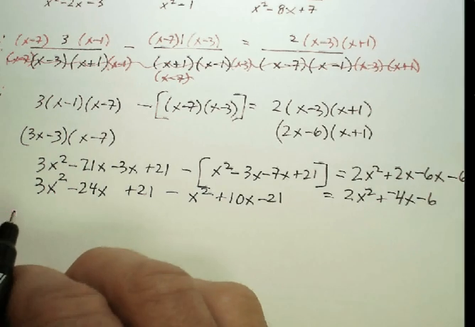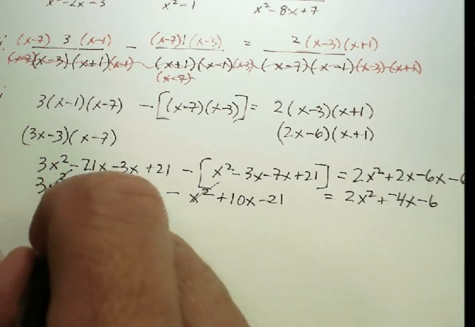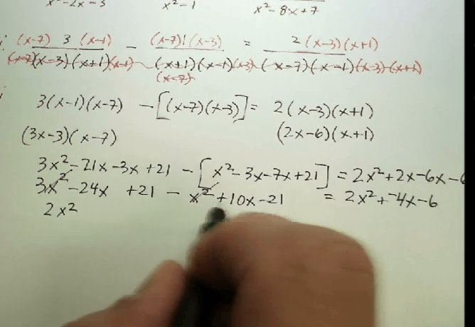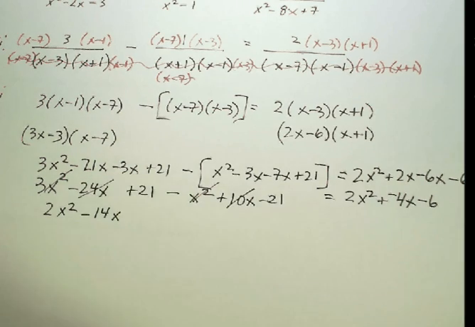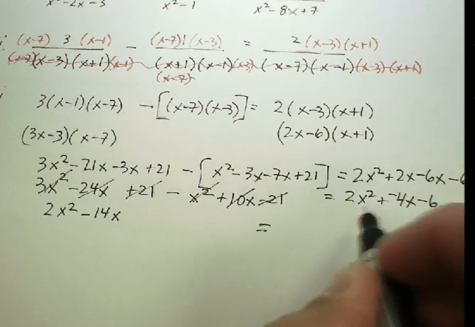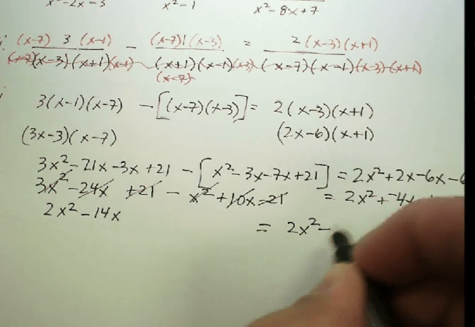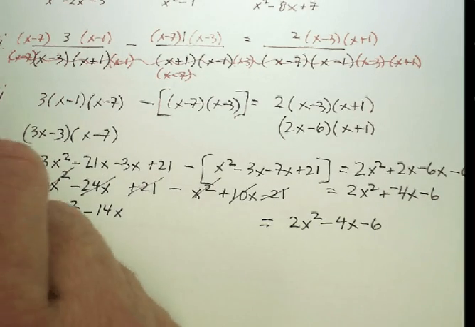Let's gather up terms some more. 3x squared minus x squared gives me 2x squared. Negative 24x plus 10x is a negative 14x. And the 21s cancel. Over here, looks like it's going to stay the same. That's my 7th step.